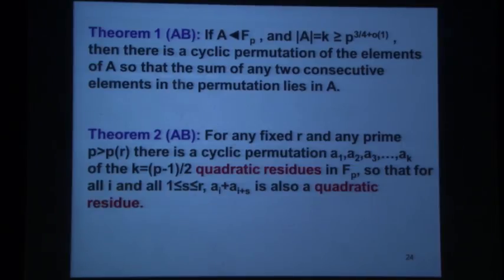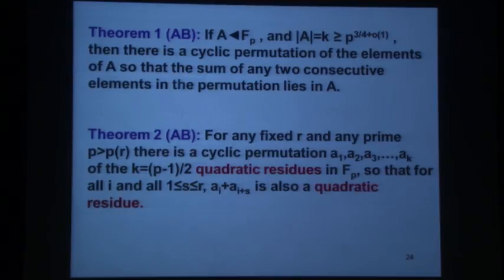But if we are just a little bit above that, by some logarithmic factors, then indeed there is a cyclic permutation of all the elements of this subgroup so that the sum of every pair is again in this multiplicative subgroup.